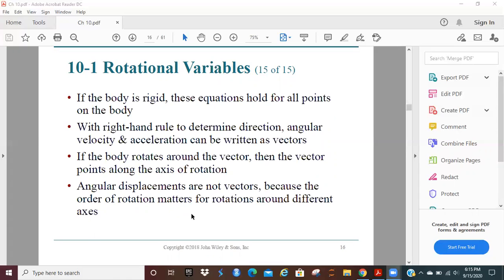With the right-hand rule to determine direction, angular velocity and acceleration can be written as vectors. If the body rotates around the vector, then the vector points along the axis of rotation. Angular displacements are not vectors because the order of rotation matters for rotations around different axes.